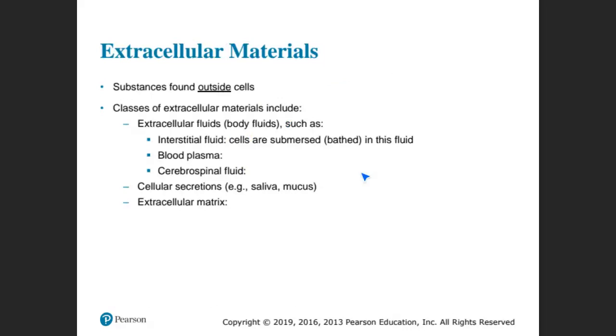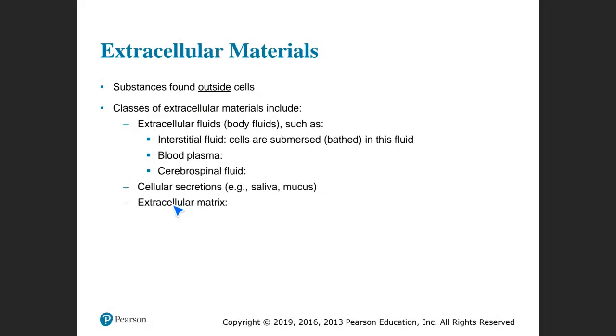Okay, so let's talk more about the extracellular material. Where is that? It's kind of neglected because we talk so much about what happens inside of the cell, but outside of the cell, there's important extracellular materials, not just fluids, but also some other components, including the extracellular matrix.